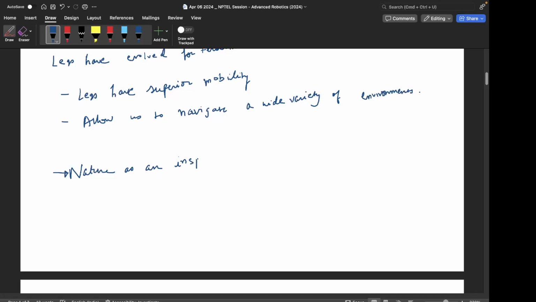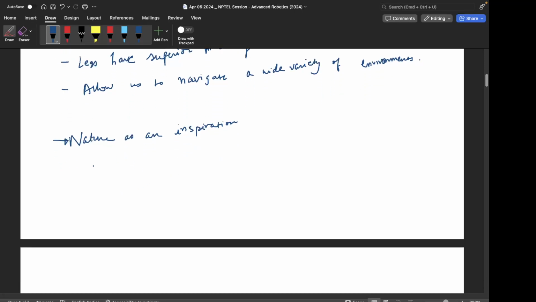Nature has us, which have two legs and two hands, which we do not use for locomotion but for manipulation. Then there are animals with four legs, right? Then there are multi-legged animals, more than four, insects kind of a thing.